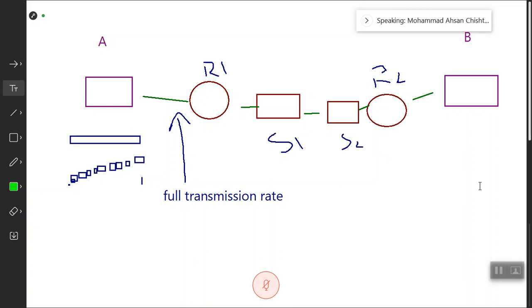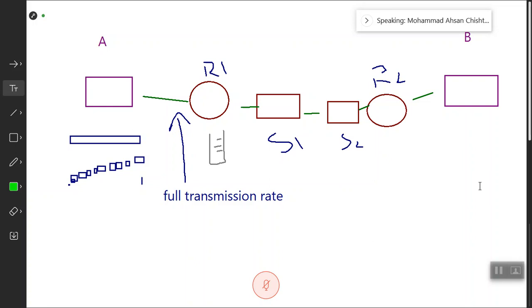If the link is not available, you would have to wait. Wait where? For example, you are in R1. R1 is already transmitting some packets from R1 to S1. You are waiting here, and it would have its own buffer. Let's say this is the buffer here, buffer of router 1. Likewise, it can happen to other networking nodes as well.